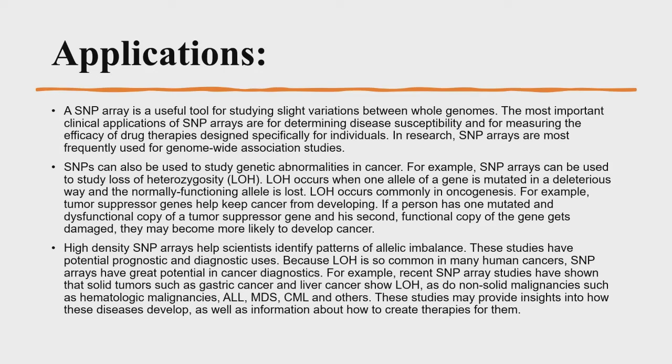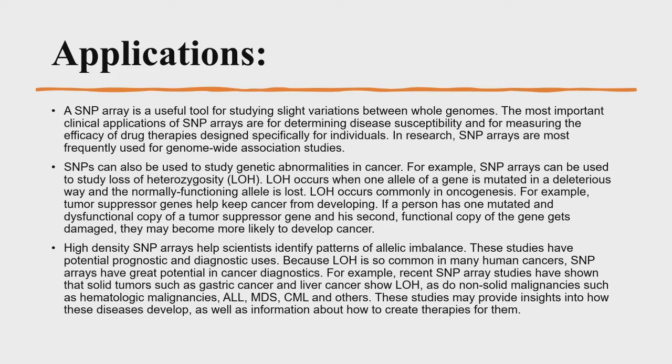High-density SNP arrays help scientists identify patterns of allelic imbalance. These studies have potential prognostic and diagnostic uses. Because LOH is so common in many human cancers, SNP arrays have great potential in cancer diagnostics.